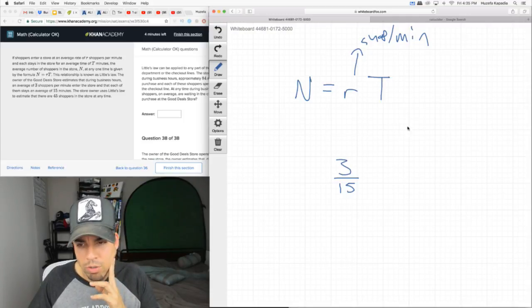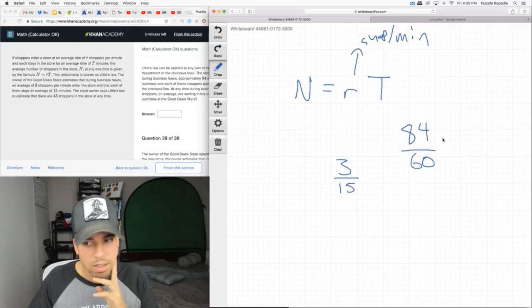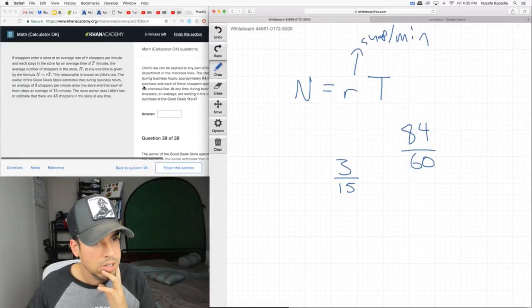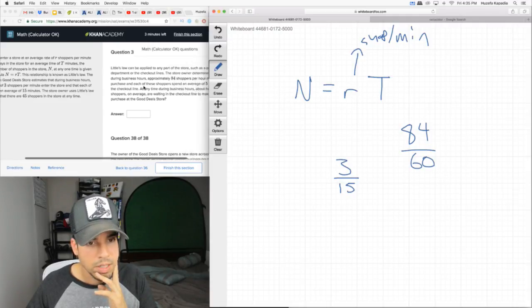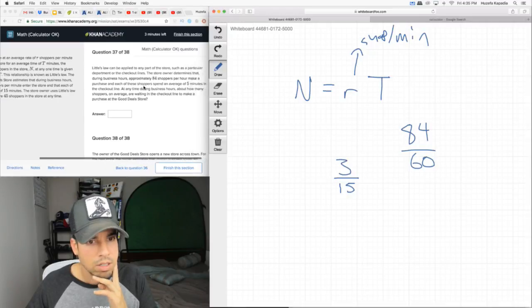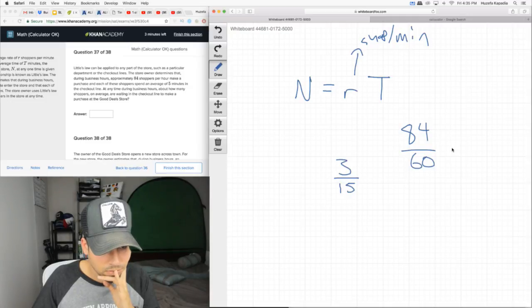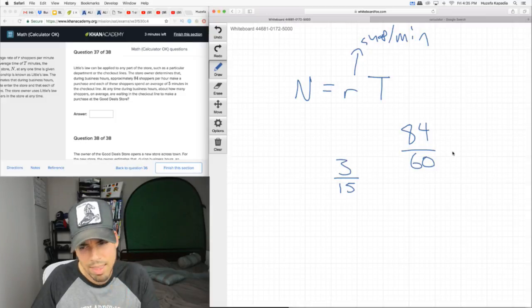So 84 per hour, so it's 60 times T, stays in the store an average of T minutes. Shoppers per minute, per hour. Okay, I think we plug this into the formula.